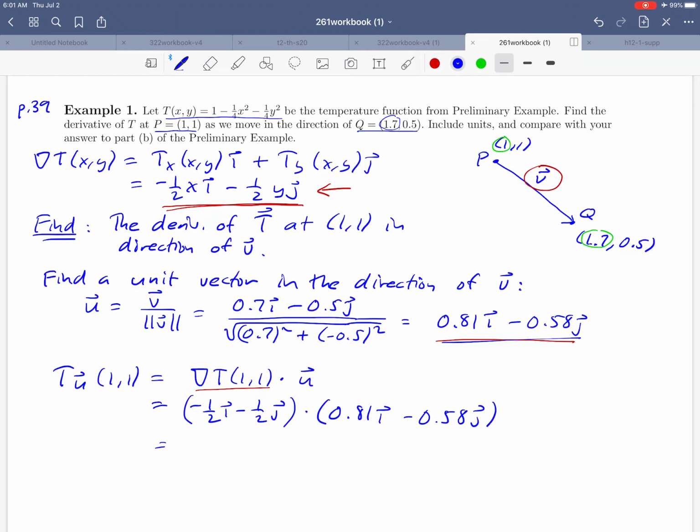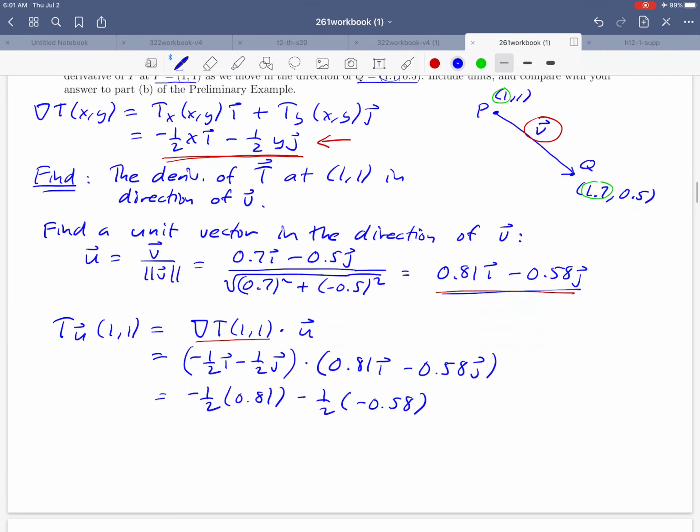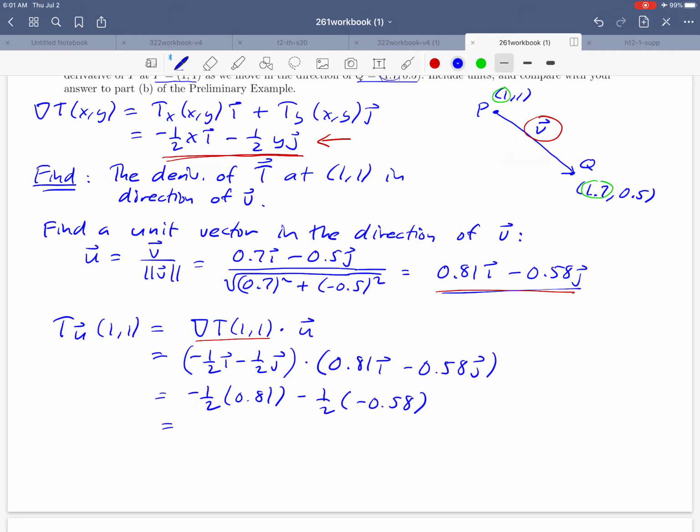Then take the dot product and see what we wind up with for an answer. And remember, a dot product is going to give us a scalar. We're just going to multiply corresponding components. I'll leave it to you to confirm my arithmetic here. That winds up being about minus 0.12.